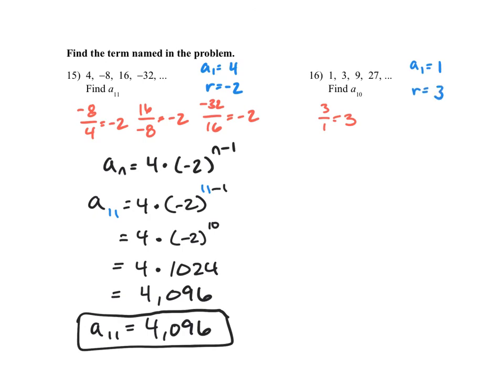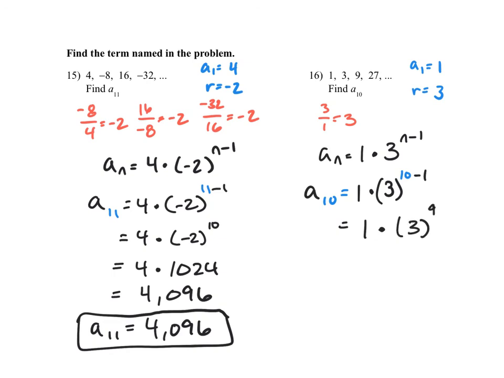So what you would get here is A sub n is equal to 1 times 3 to the n minus 1. Okay? Now, looking at this, they ask you to find A sub 10. That means it's 1 times 3 to the 10 minus 1. Now, I think I heard somebody earlier say they got the answer of 27. That would be incorrect. It is not 3 times 9.